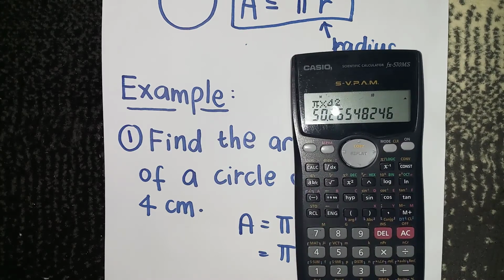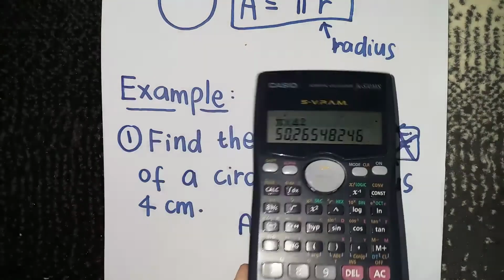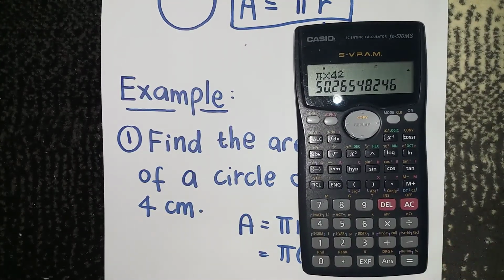Equal sign. If you get an answer that is very long like this, remember you always take your answer to 3 significant figures. You will be given an instruction in your paper to leave your answer in 3 significant figures, so do not take more than that. According to this answer, it's 50.3.